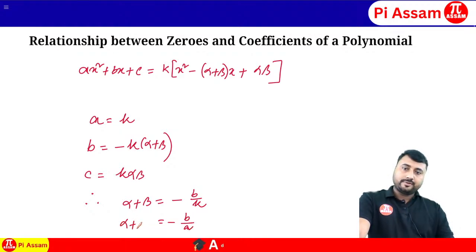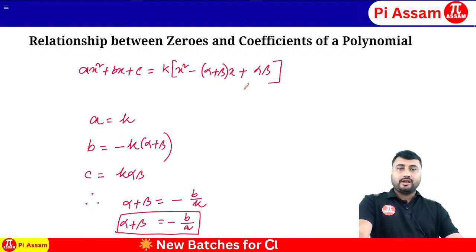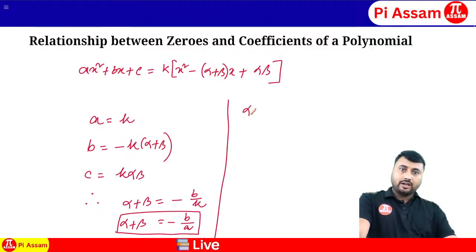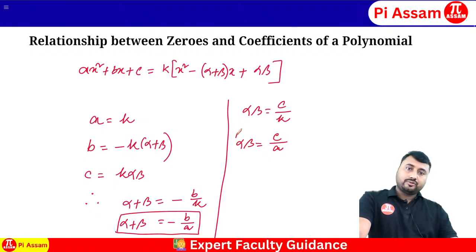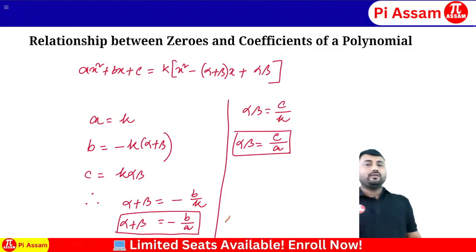So alpha plus beta is equal to minus b by a. This is the relation. And another relation is there: alpha into beta is equal to c by k. So what is k? c by a. So this is the relation between zeros and coefficients of a polynomial.